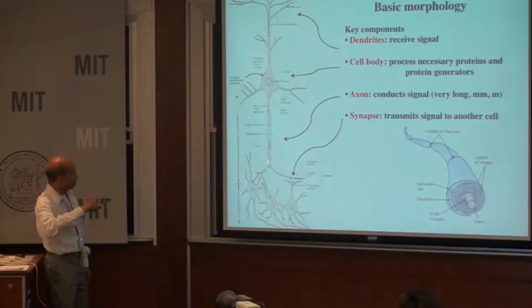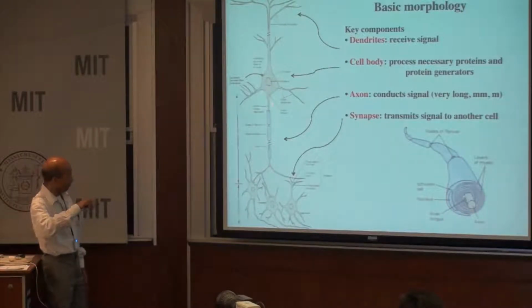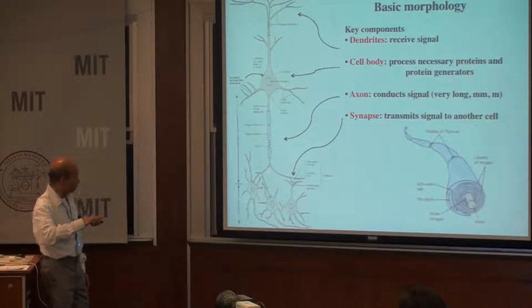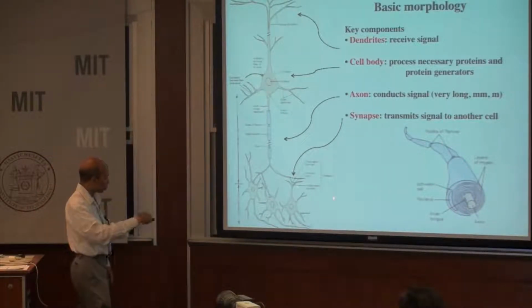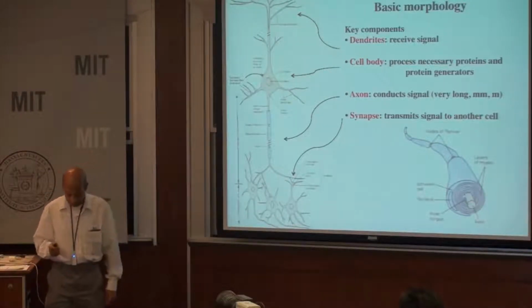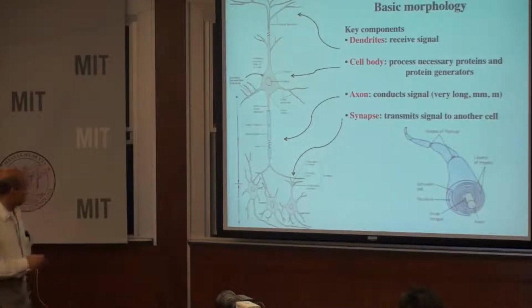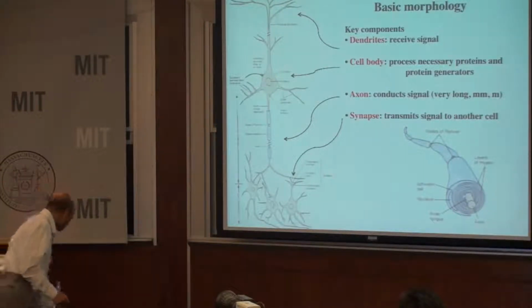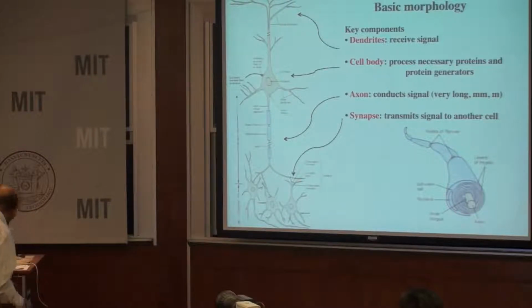And then a very long cable, which we call the axon. Towards the end of the axon, there are little branches that could form connections with other neurons or other muscle cells, primarily. The dendrite is where the signal is, in general, received.